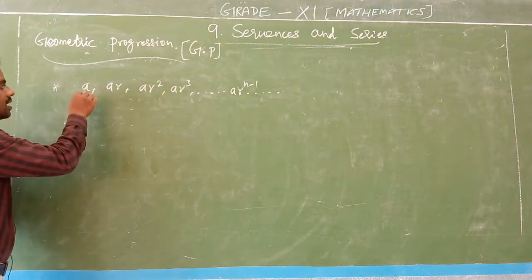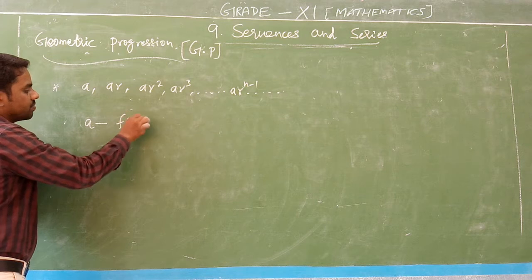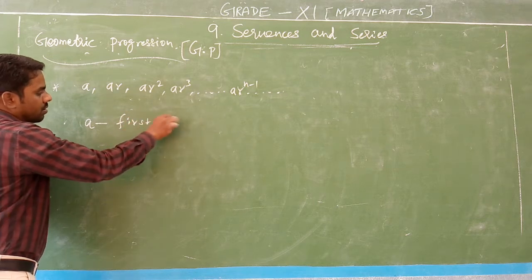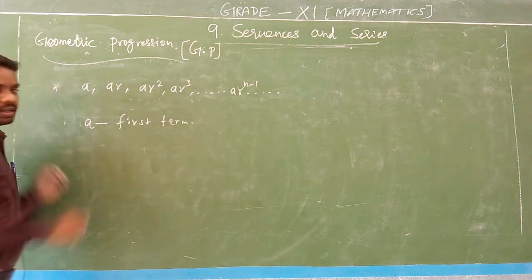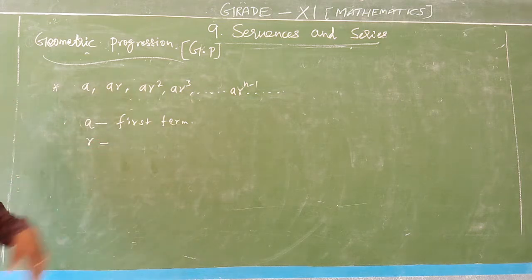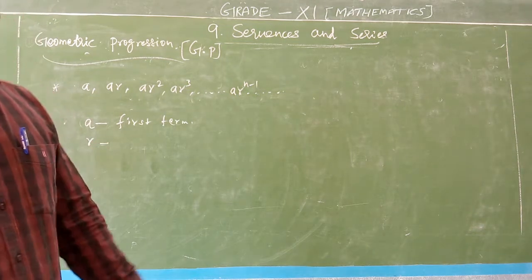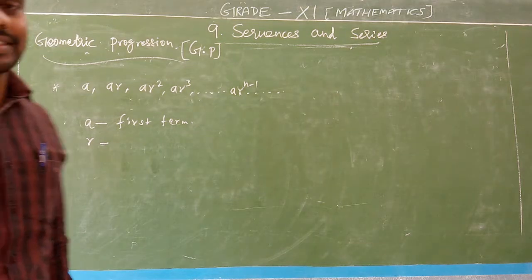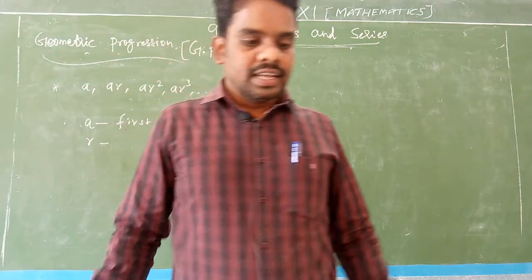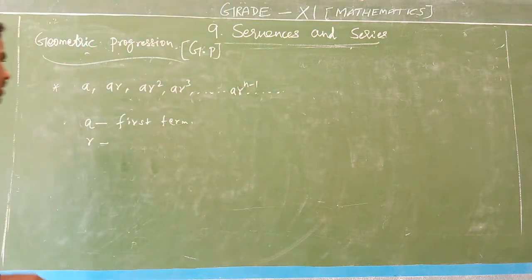Here a is the first term of the GP, and r is the common ratio. Just as in arithmetic progression d is the common difference, here r is the common ratio.